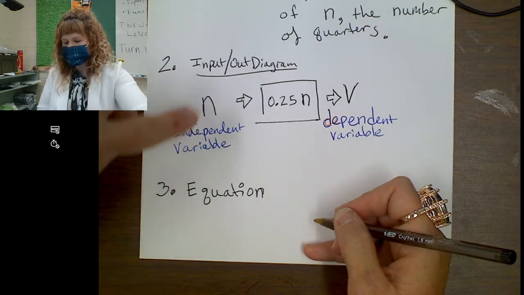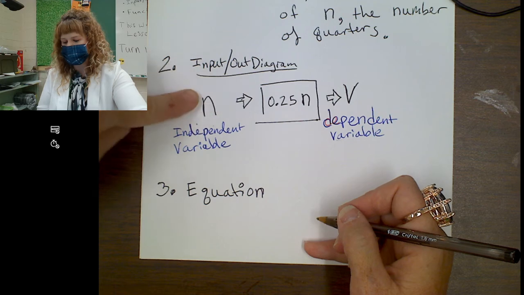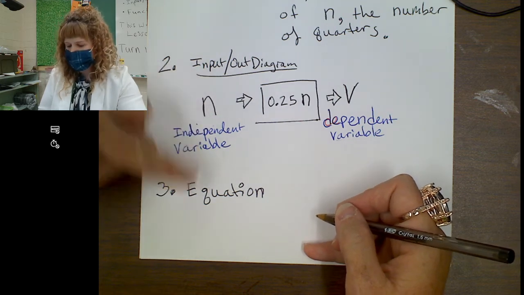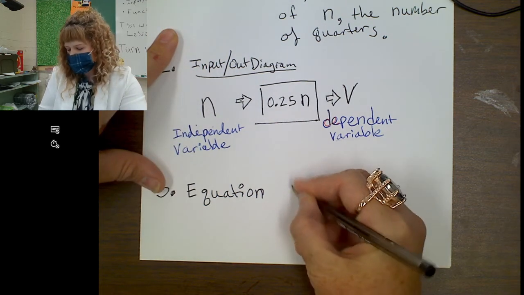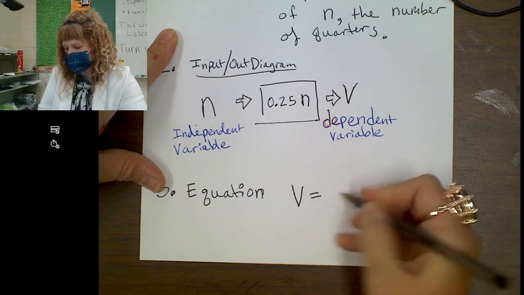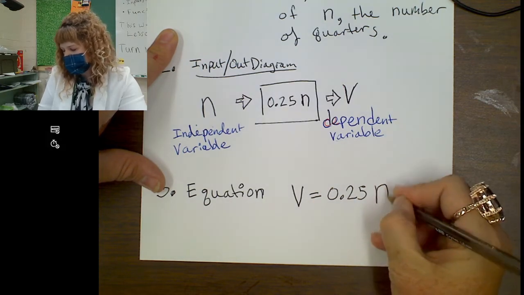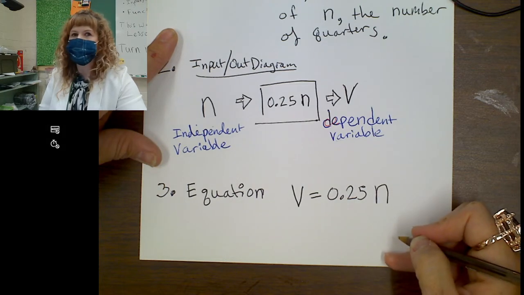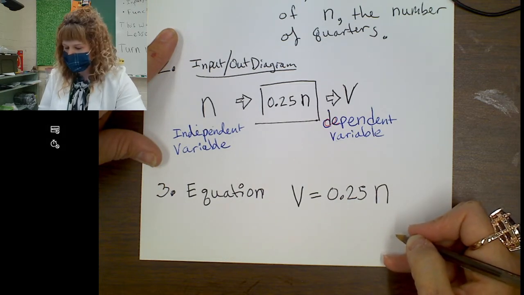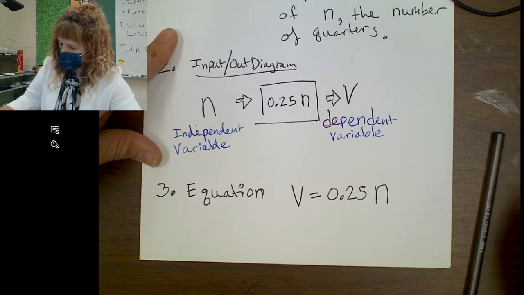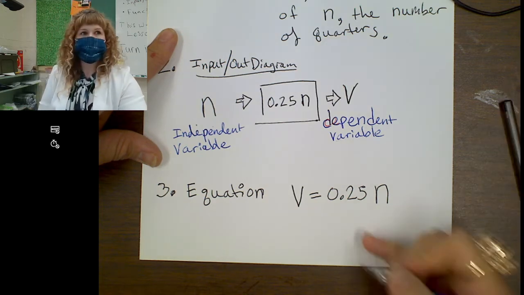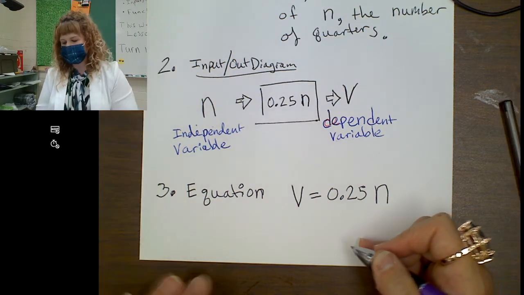So now I'm going to take this same example of quarters and write an equation. The value of your quarters equals 0.25 times n, the number of quarters. Please write that down. Here's an equation representing the same function.